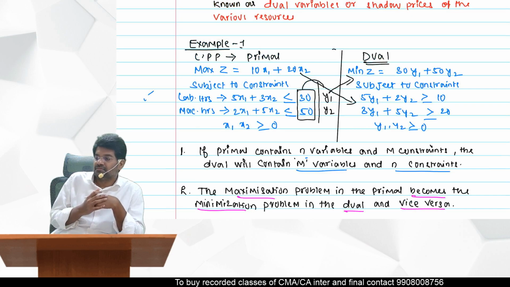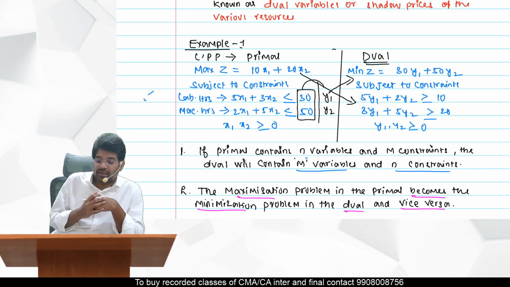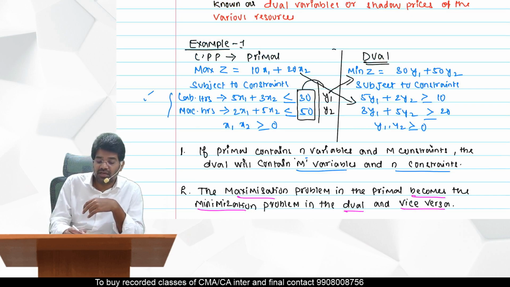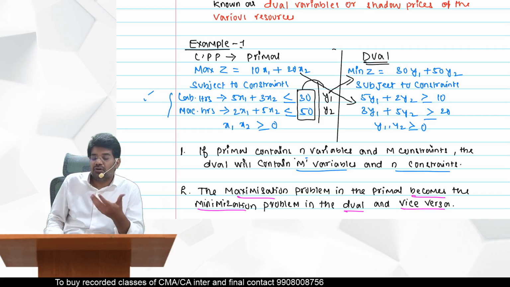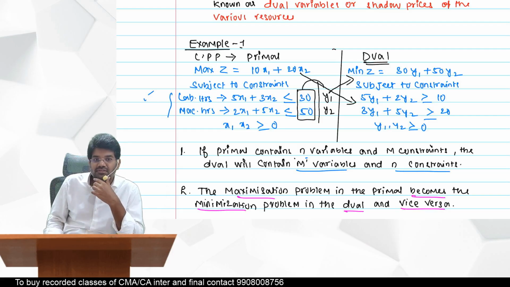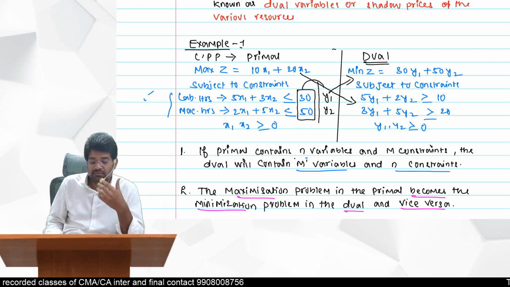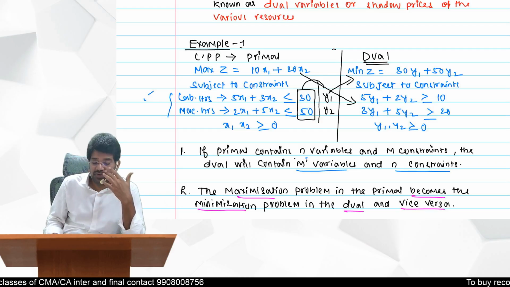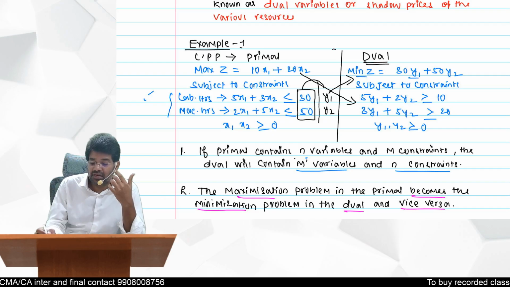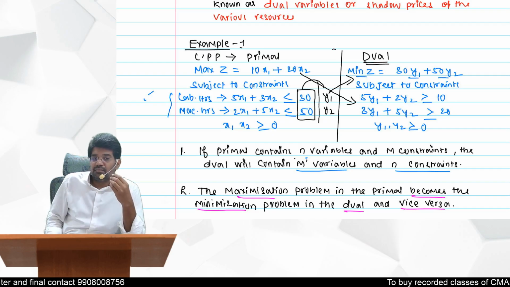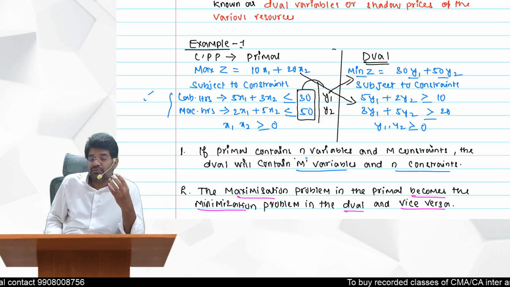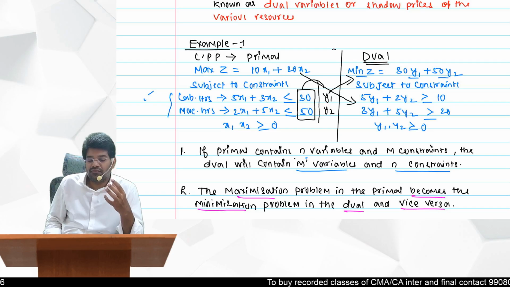Basically our inputs are becoming part of our objective function. So we are saying minimization of our input variables. What if this labor and machine are sold outside?